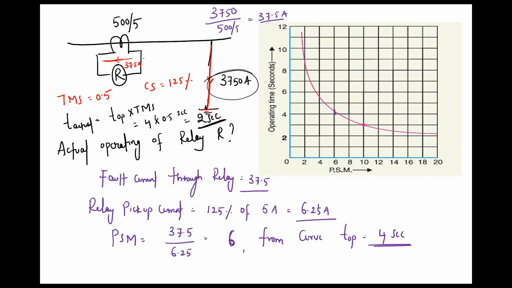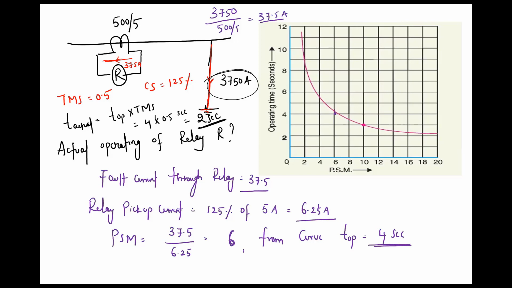From the fault current through the relay and the pickup current of the relay, you obtain the plug setting multiplier. From the plug setting multiplier, go to the operating characteristics and obtain the operating time according to the curve. After obtaining the operating time from the curve, you have to multiply with the TMS setting. Understand? That is the sequence.